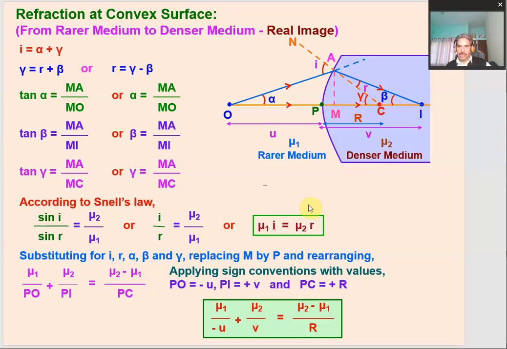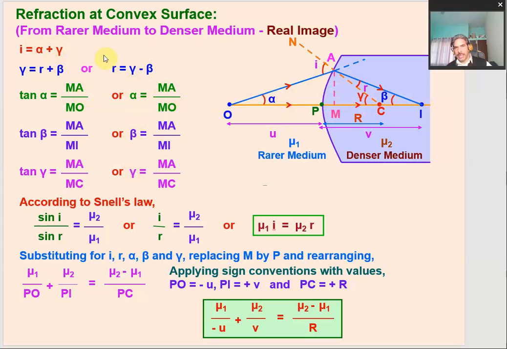So what we just did, we wrote the two equations for angle of incidence and angle of refraction by making use of triangles OAC and ACI, using the exterior angle property. Then we found alpha, beta and gamma from these right angle triangles OAM, AMI and AMC, and we substituted for alpha, beta and gamma from here in these two equations.